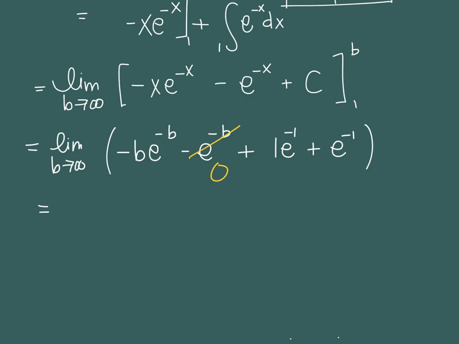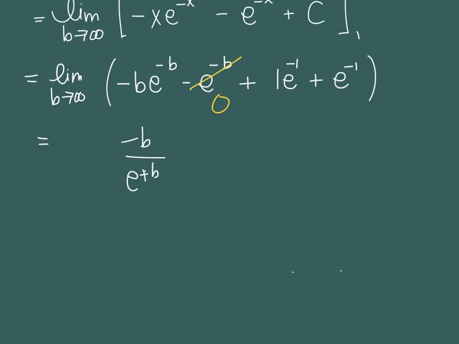Okay, so for this one, we'll say it's negative b over e to the b. That's indeterminate, yes? Because you get infinity over infinity. So then I would need L'Hopital on that one. Then I would have negative 1 over e to the b, and then I plug infinity into that, and now I get 0.